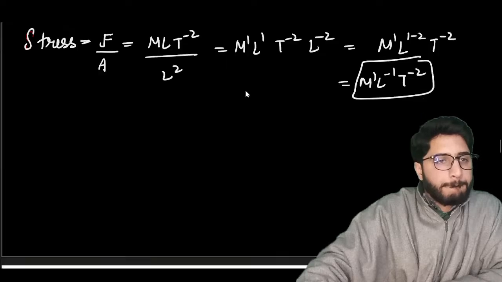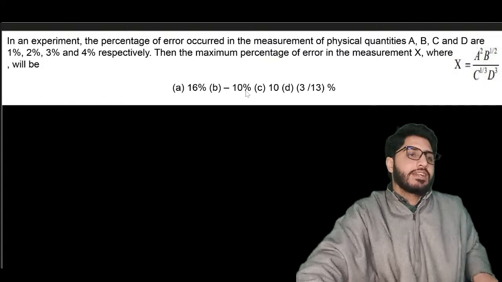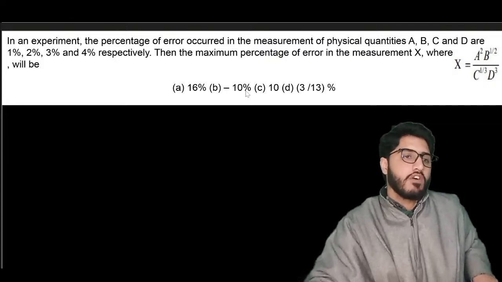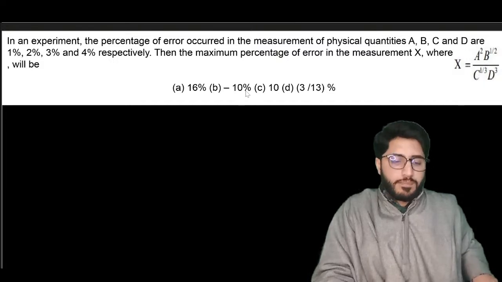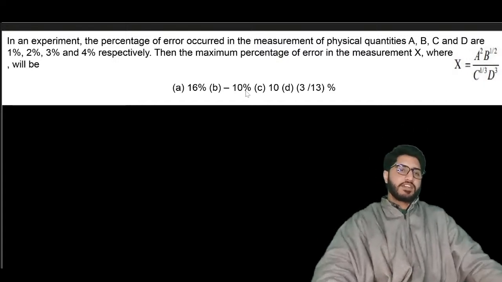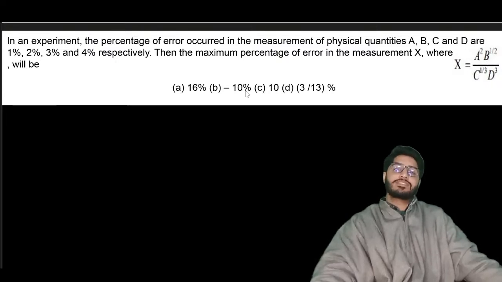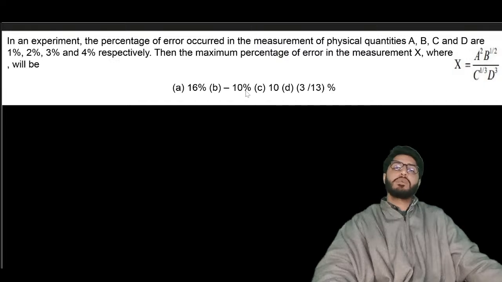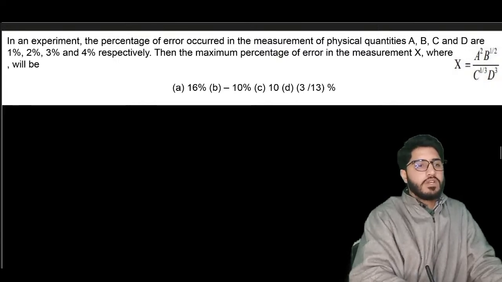Yeah. So now we have one from errors. In an experiment, the percentage errors in the measurement of physical quantities A, B, C, D are 1%, 2%, 3%, 4%, respectively. Then find the maximum percentage error in the measurement of X, where X is A square B to the power 1 by 2 divided by C to the power 1 by 3 D cube. So I will simplify this first.